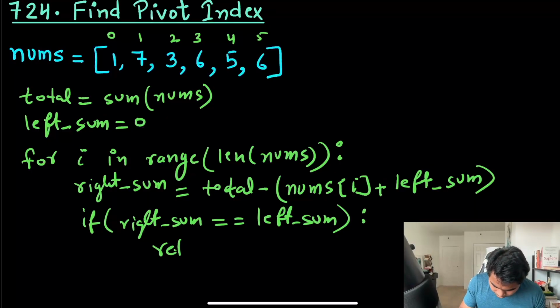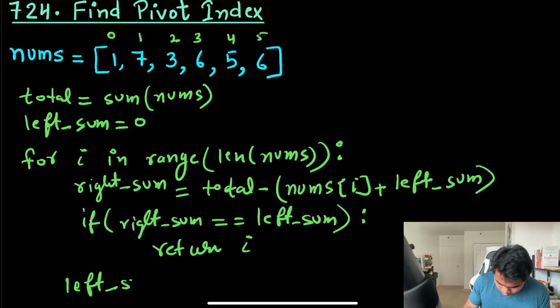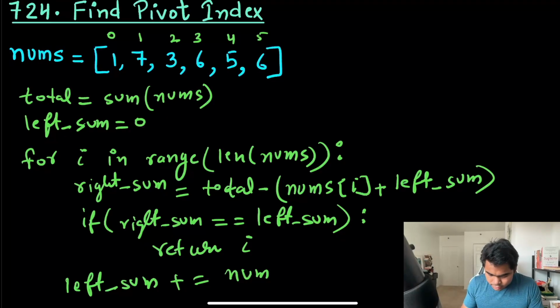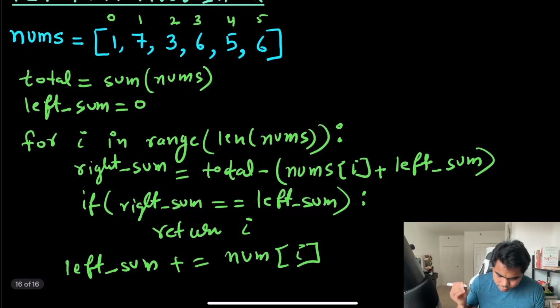Then you can return basically I, right? Otherwise add that to your left sum, plus equals the current number, because later for next values it will be considered right here. Otherwise you can just return -1 in the end.